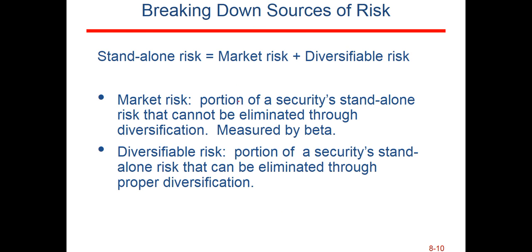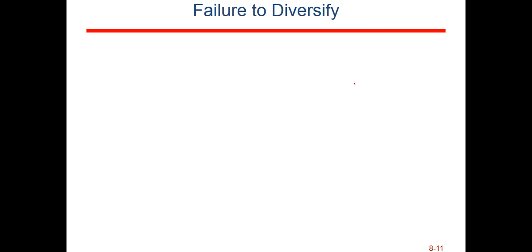Now, standalone risk is market risk plus diversifiable risk. This again is what we are expecting. It needs to go to zero. You need to diversify. You cannot hold just one single stock. You want to make sure that you diversify.